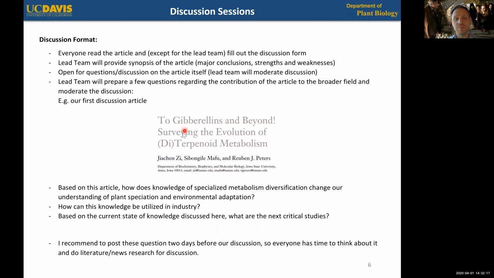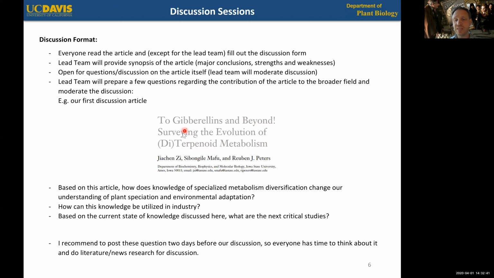You could ask, based on this article, how does the knowledge of specialized metabolism and its diversification that is highlighted in this article change our understanding of, for example, plant speciation, environmental adaptation, and so forth? Another question could be, how can this knowledge be utilized in industry, right? How can we learn something from this for developing engineering tools?